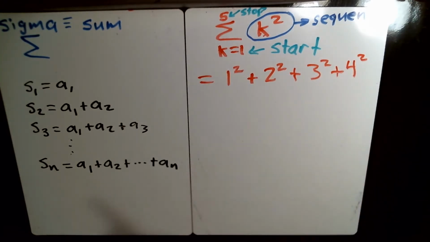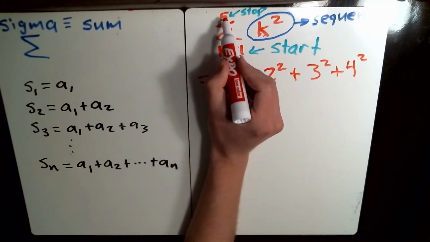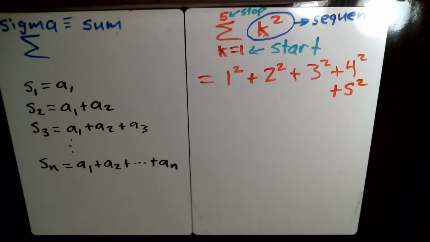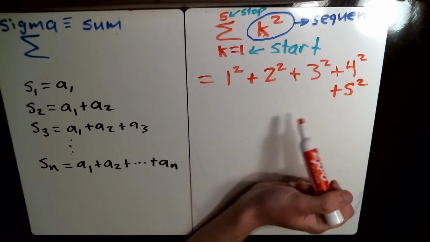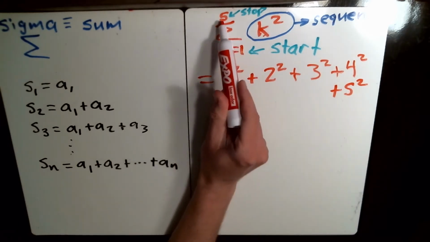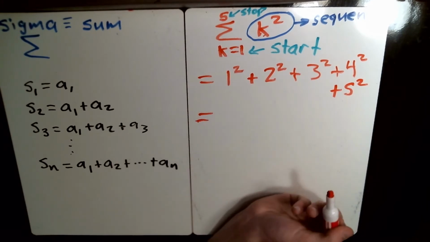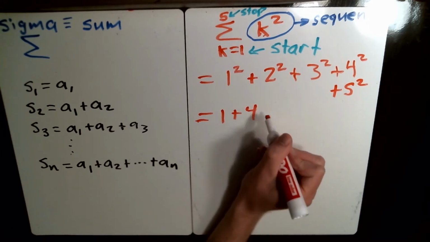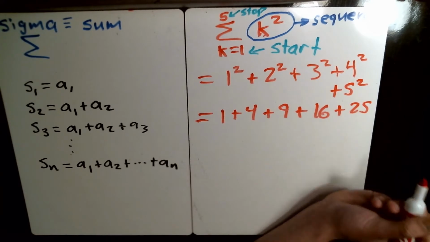Add that to what I had before, and then finally we are stopping up at 5, so the last thing I would add is 5 squared. Plug in when k equals 5 and add it to the other stuff. Now I don't go on to 6 because this is where I stop. This is the stopping point. So when I actually do out this sum, I have 1 plus 4 plus 9 plus 16 plus 25.